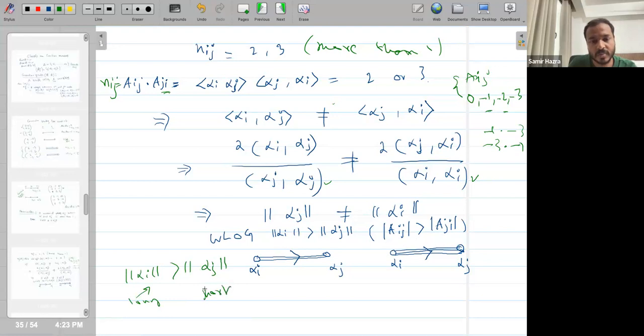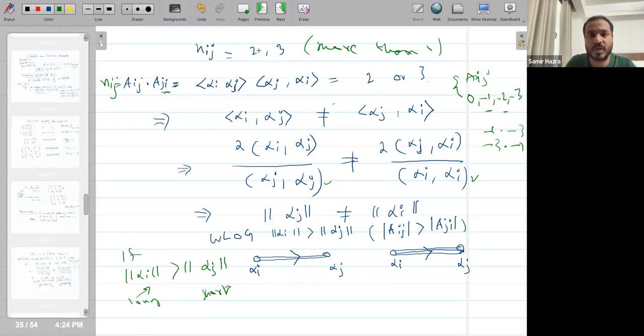Then in the Coxeter diagram or Coxeter graph, you put an arrow from long to short. Like here, if alpha i is the long root and alpha j is the short root, then from long to short you put an arrow. Similarly here, even if there are 3 edges, you can put this arrow.